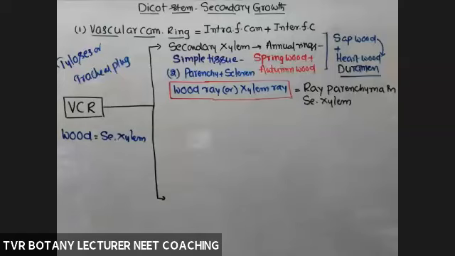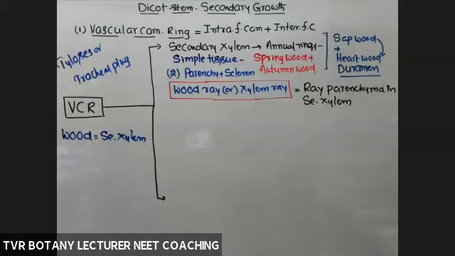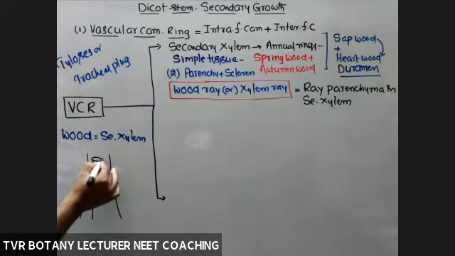What are the types of parenchyma present in xylem and phloem? Axial parenchyma and ray parenchyma. Axial parenchyma means parenchyma which is present in both phloem and xylem and parallel to the main axis, along the length of the axis. For example, this is a stem part, and this is a xylem or phloem part.